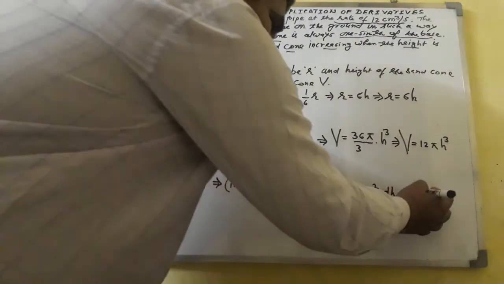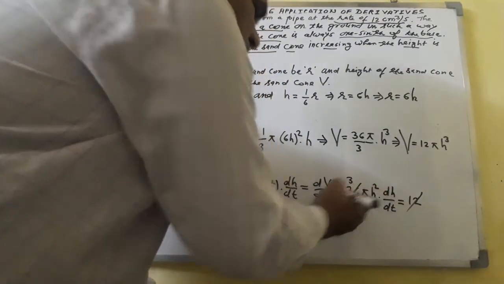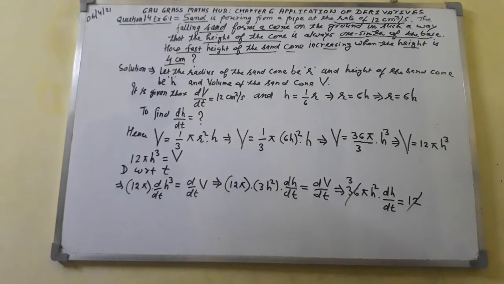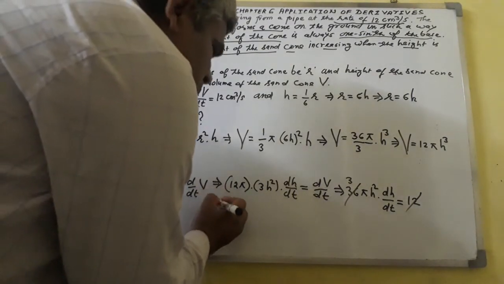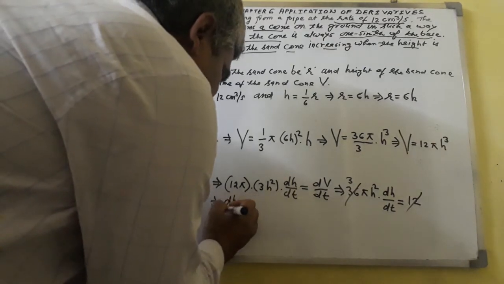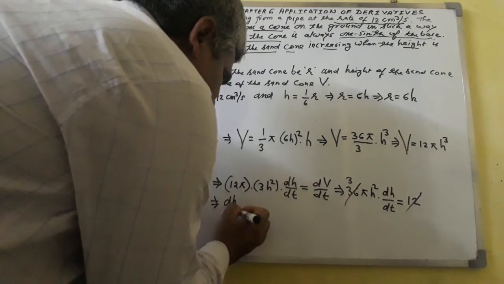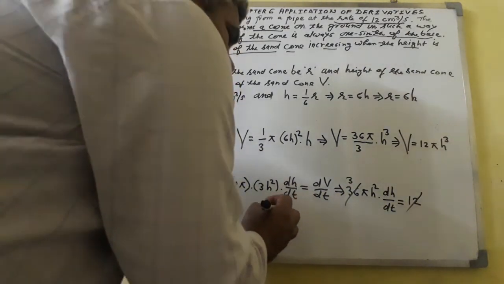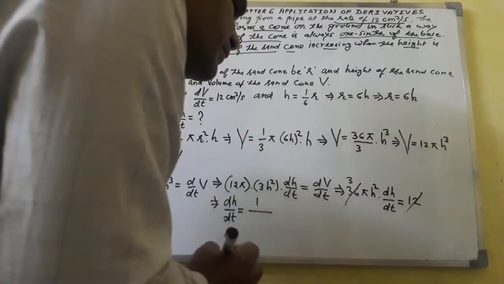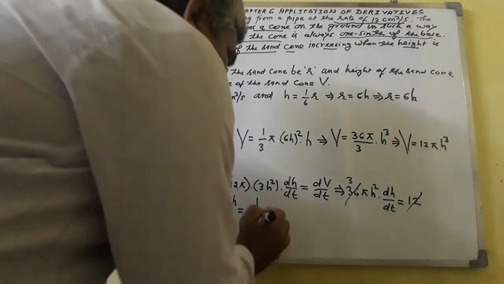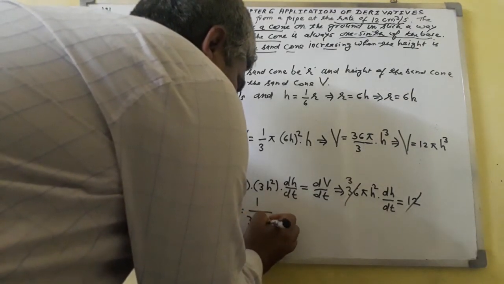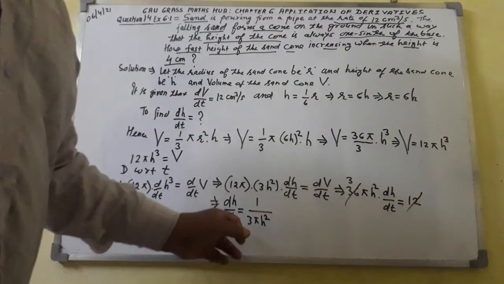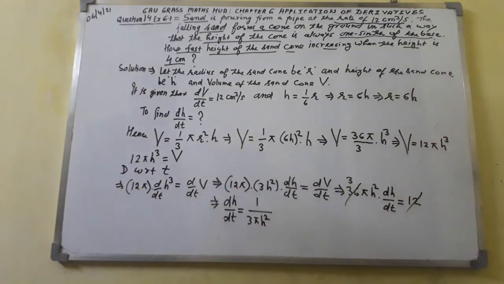Now 12 will cancel out, 3 times 12 is 36, so we get 3. So dh over dt equal to 1 over 3 pi h square.